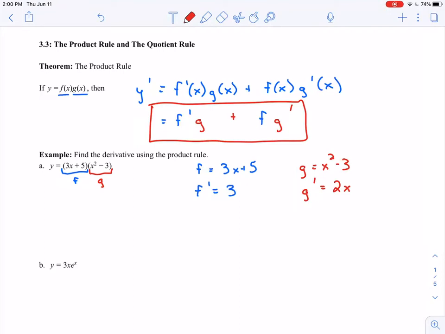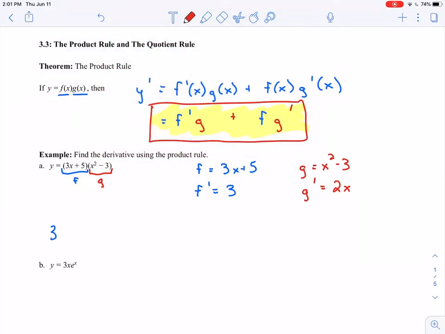After that, I'm just going to plug everything that I have here into my product rule. It's pretty straightforward. And so here, let's start with f prime. F prime is 3 times g.